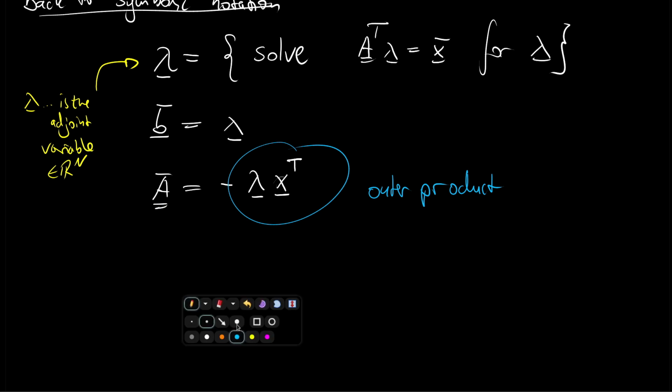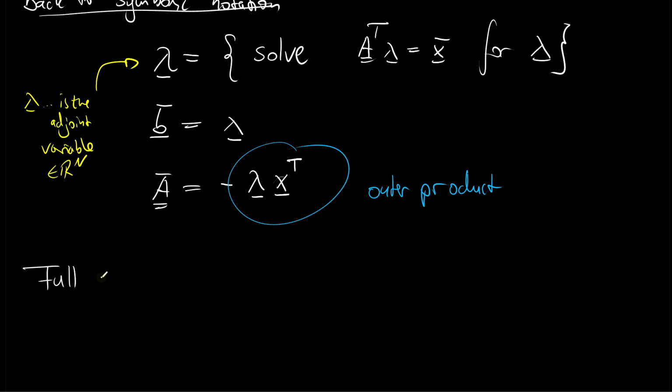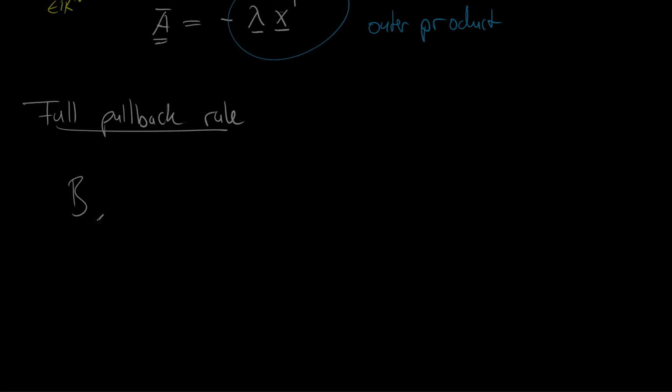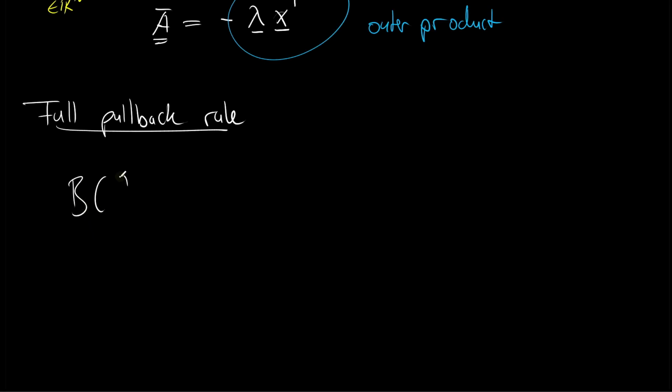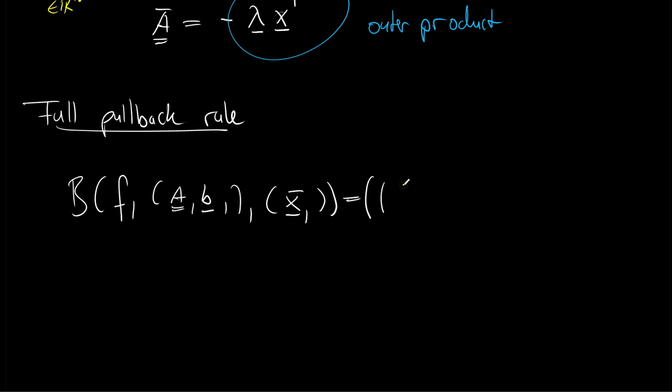And this brings us to the full pullback rule. So we backward propagate cotangent information over the function f, the solution to the linear system, which has the primal inputs a and b, as well as a cotangent on the output denoted as x bar, in that we first solve the primal problem, so call the function f on a and b, and this will give us the primal output vector x, for which we have a cotangent counterpart.